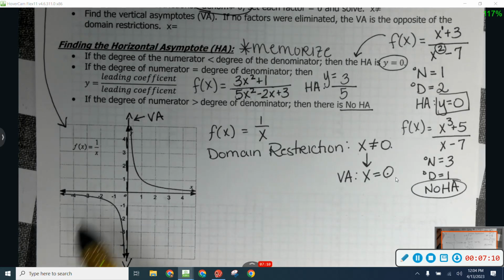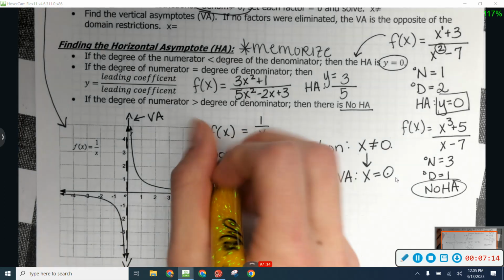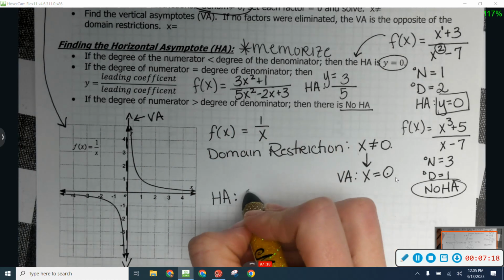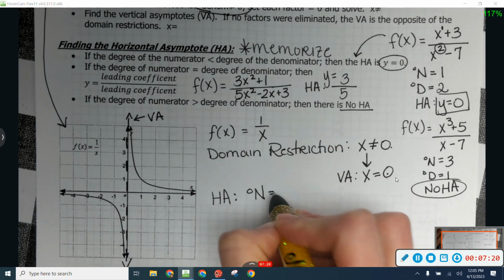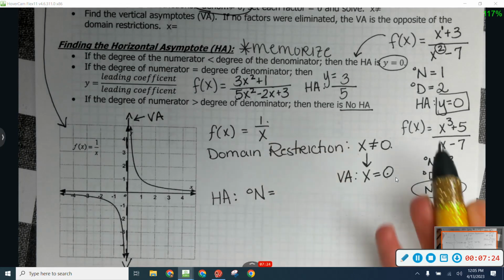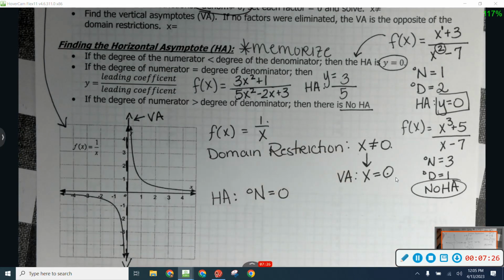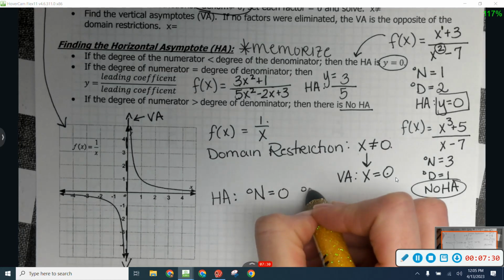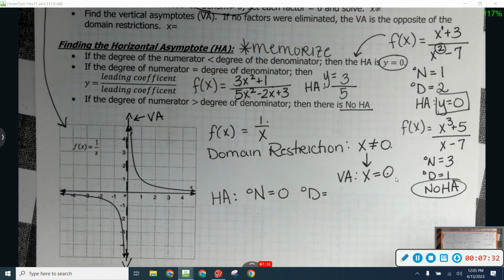So if I'm looking at my parent function, for my horizontal asymptote, my degree of my numerator, if it's just a constant, there's no x, then that degree is 0. Then the degree of my denominator, it's just x, so that degree is 1.